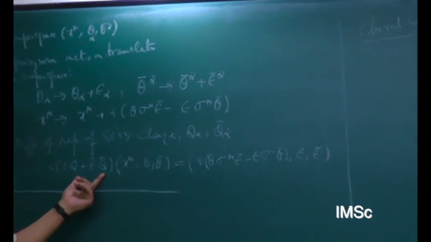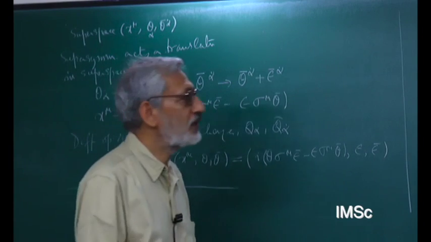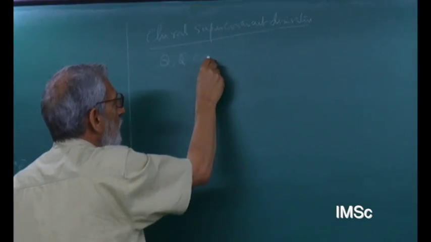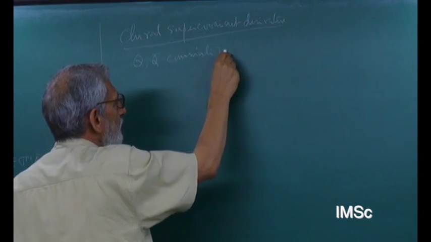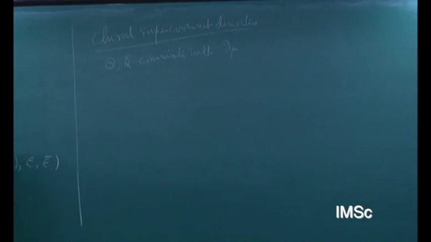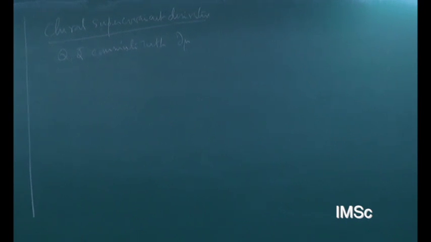The Q's and Q bars, the specific differential representation we constructed which implements this transformation, commute with the ordinary space-time differential operator because they commute with P mu. P mu is essentially i times d mu.